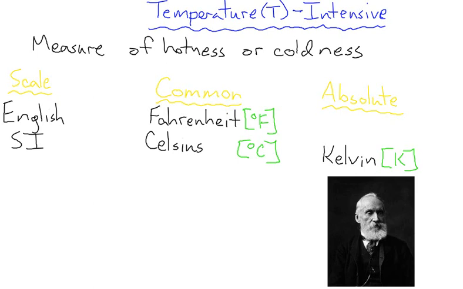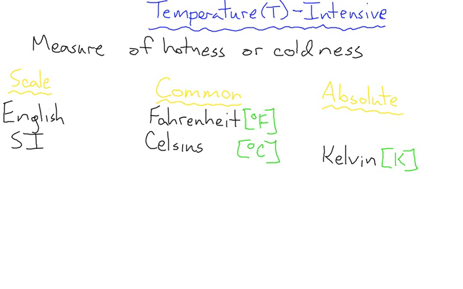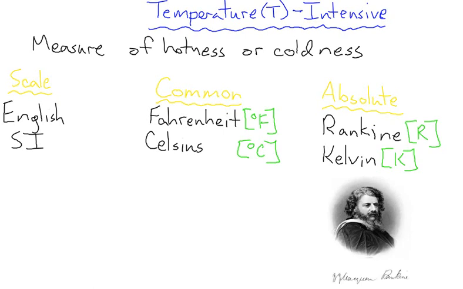And so in Kelvin terms, that will be 0 Kelvin, the absolute 0 temperature. A fellow scientist at the University of Glasgow in 1859, William Rankine, developed the Rankine scale, which is similar. It's just based on the Fahrenheit system. So it also uses absolute 0 as the lowest temperature, but it's based on the Fahrenheit.